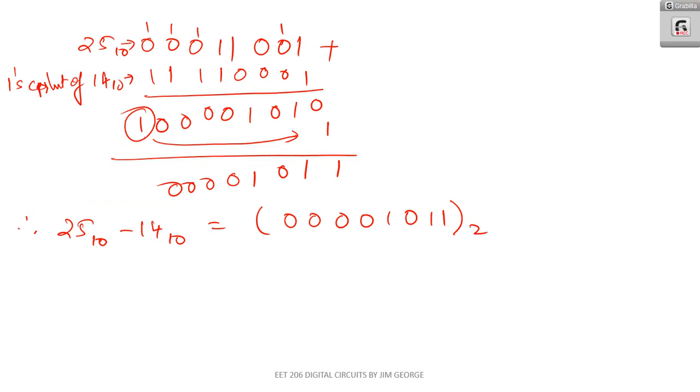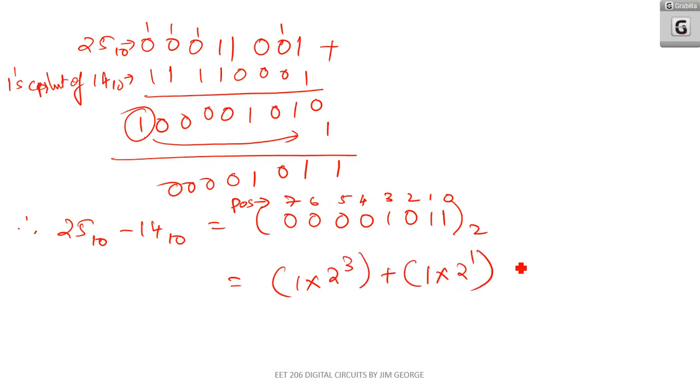Okay, that is all. Now if you are converting it into a decimal number, how would it be? You give the positions first: 0 1 2 3 4 5 6 7. Therefore we can write it as 1 into 2 cube plus 1 into 2 power 1 plus 1 into 2 power 0.